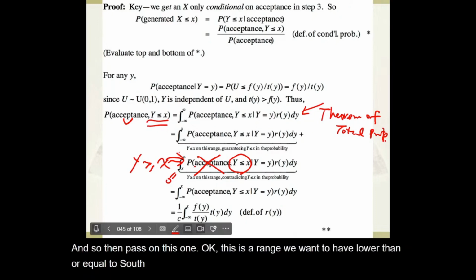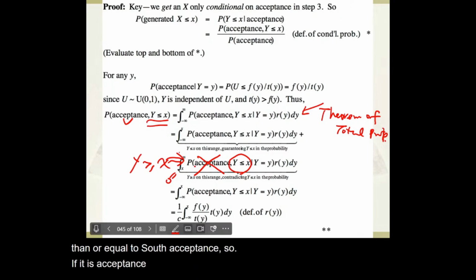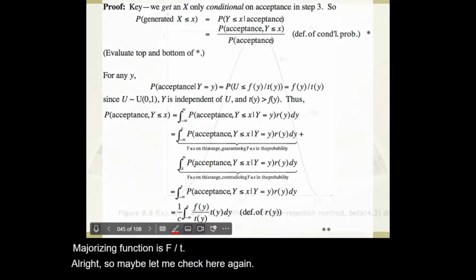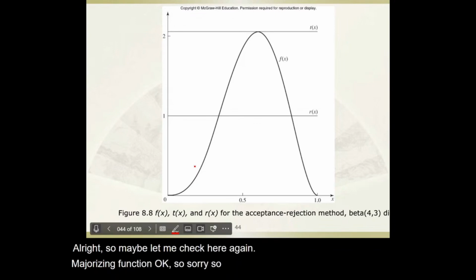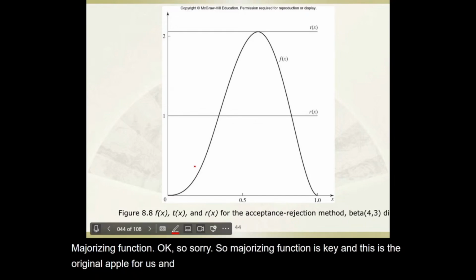Acceptance. So if it is acceptance, then look at this, the majorizing function. Let me check it again. Sorry, the majorizing function is T, and this is the original f of x, and we have acceptance.